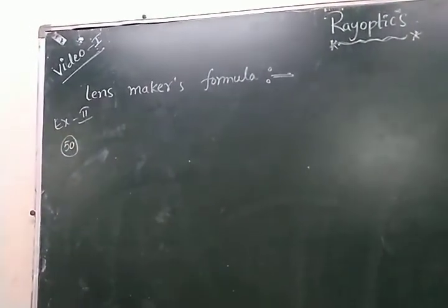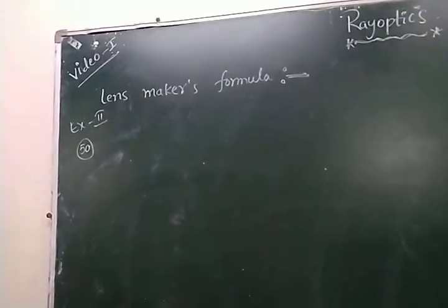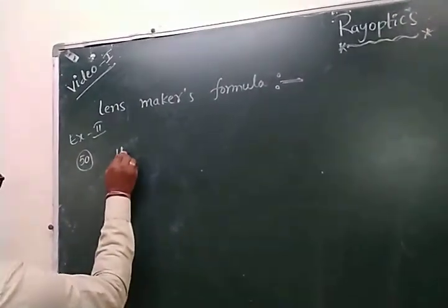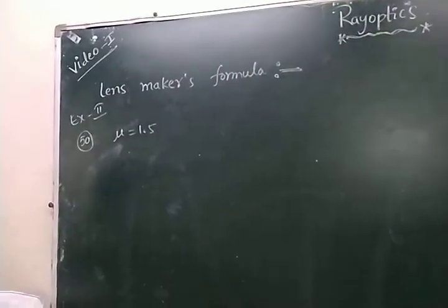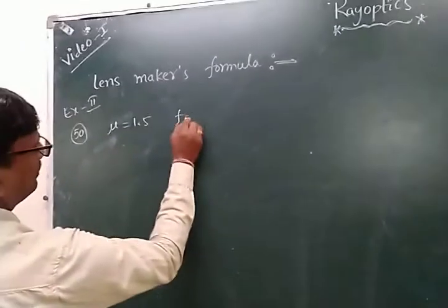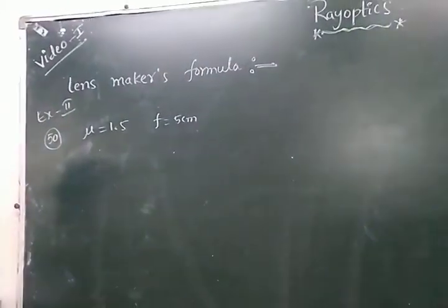The refractive index of the material of a double convex lens is given as 1.5. Its focal length f is given as 5 centimeters.